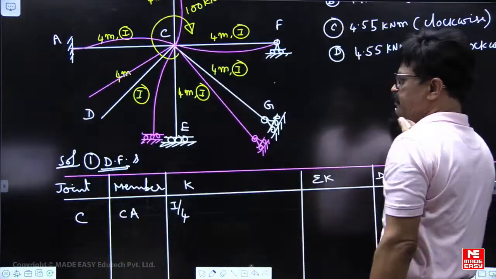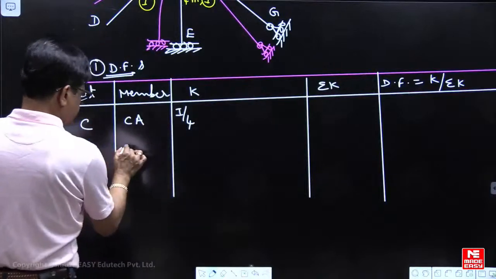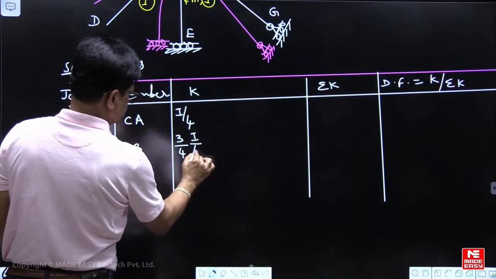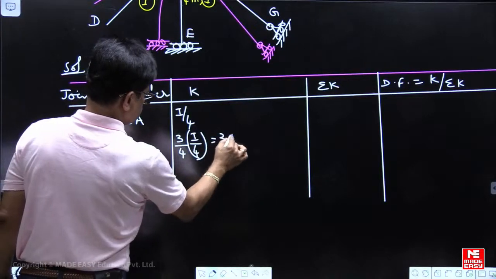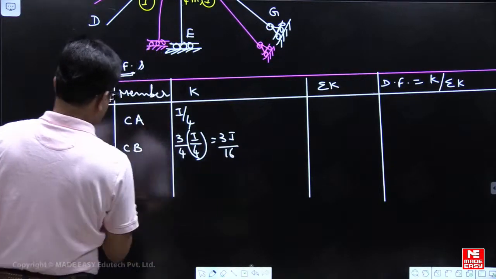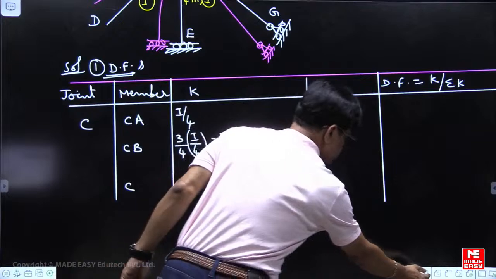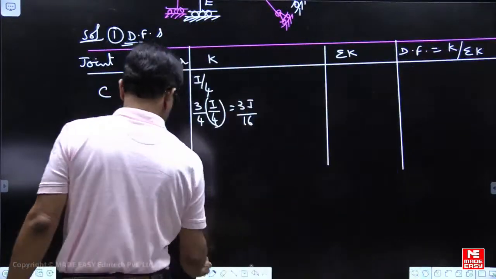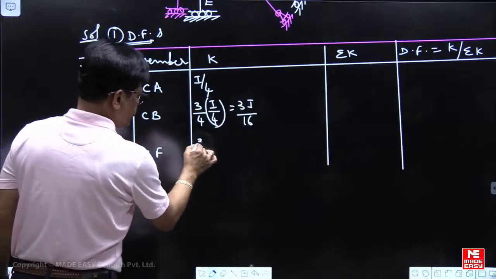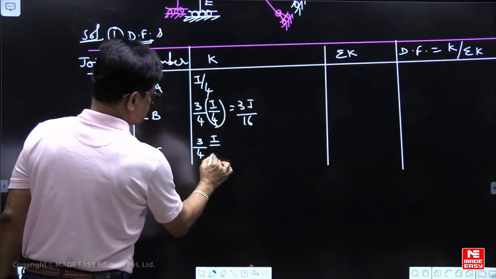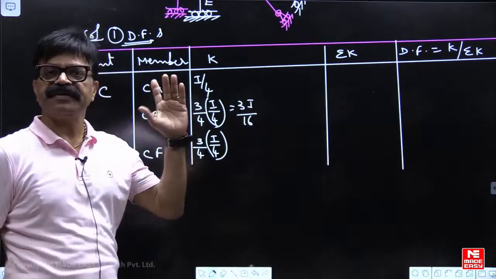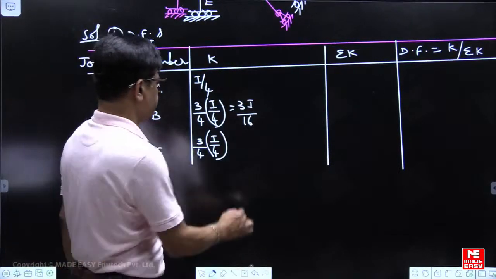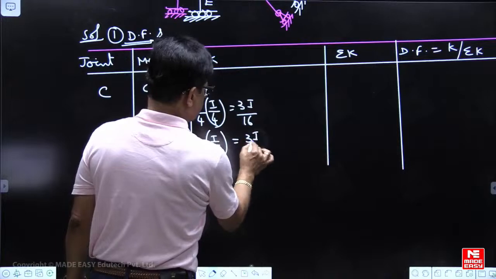Far end is hinge, 3 by 4 I by L. CF, deflection profile is also same. So it doesn't matter whether you have a hinge support or roller support, deflection profiles are identical. So this also becomes 3I by 16.